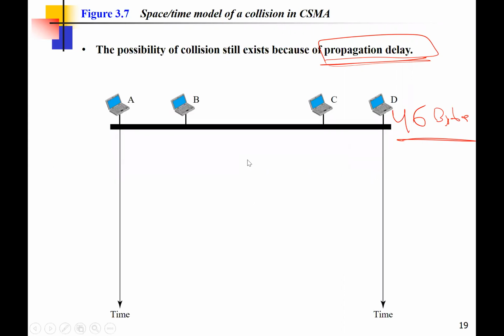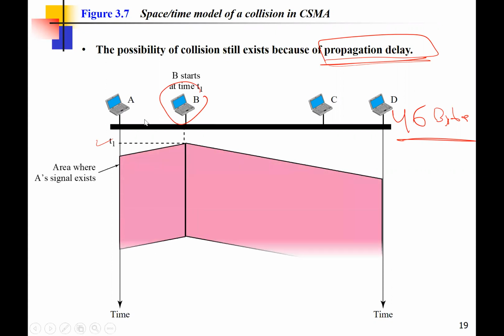All right, so now I'm trying to send data from device B at time 1. When you send data from A or from B, where do you send it? You send it to everybody, you send it out into the media. If it's for A, A will receive it, check the destination address, mine, I will keep it, not mine, discard, correct?